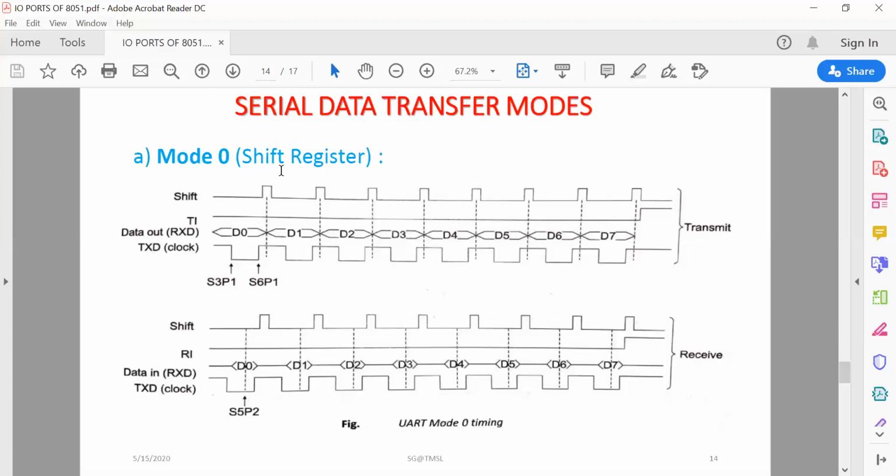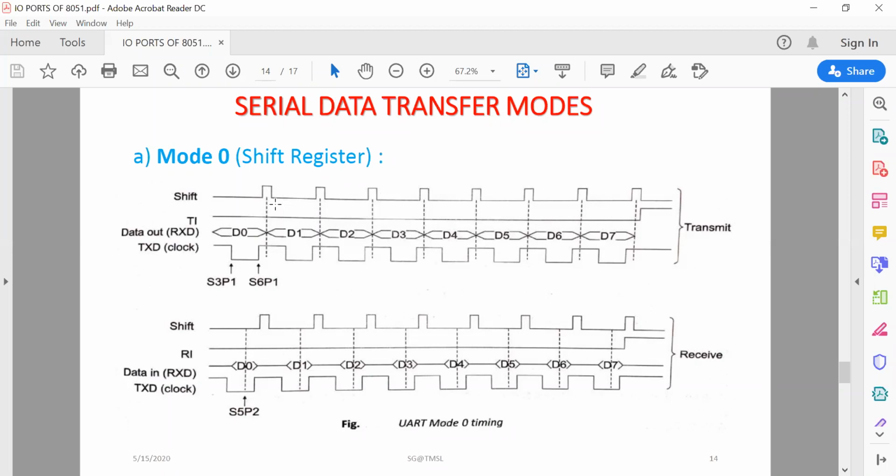Then the S2 state. So S0 has two, one is S0P1, S0P2. Then the next one is S1P1 and S1P2. In this way, S2P1, S2P2, then S3P1, S3P2.